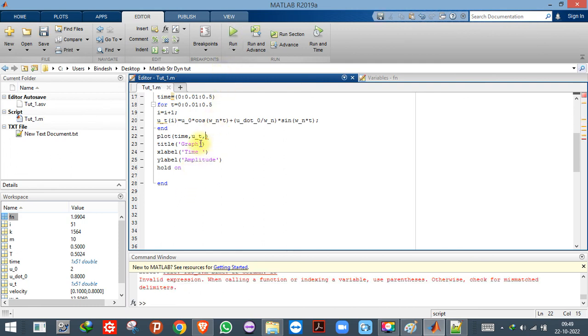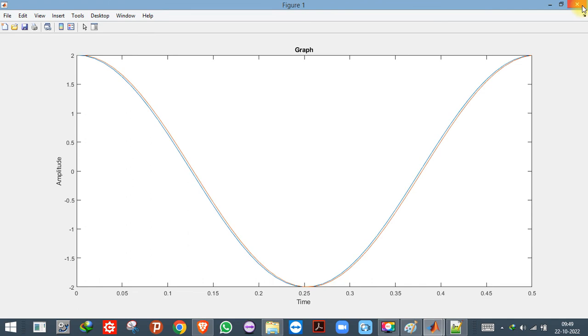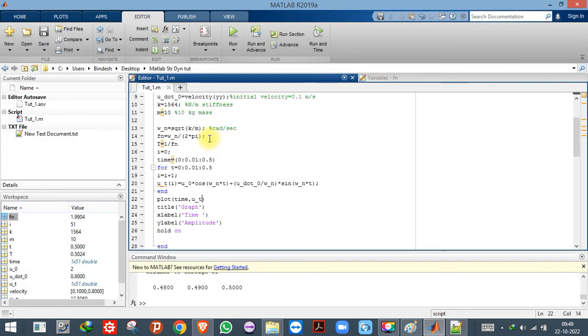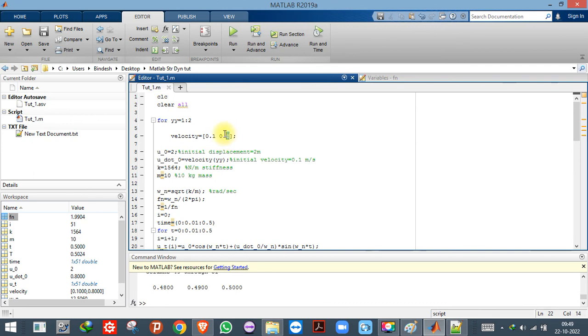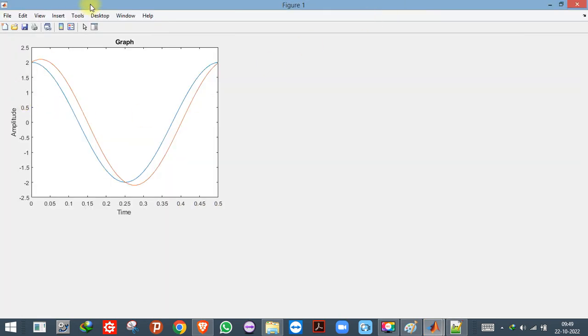Sorry, I have to remove this. Okay, it is giving me two different graphs. So I'll change the velocity a little bit higher so you can see the difference. Okay, now see what is happening.